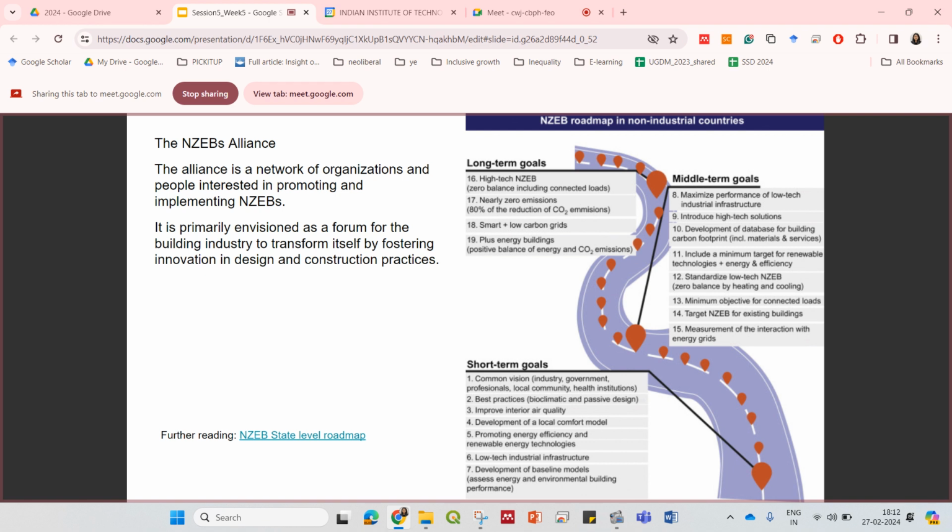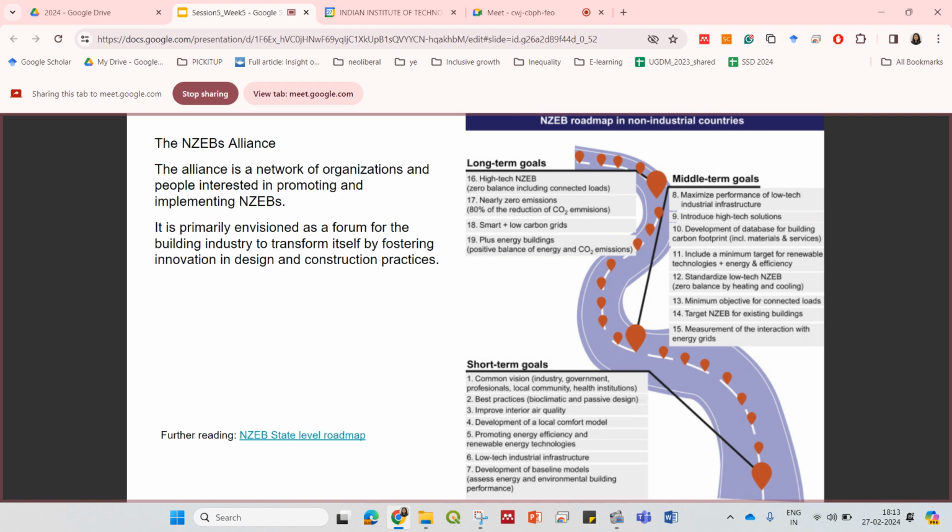Also fast tracking the process of getting permissions for adoption of such technologies in the buildings, etc. That also can be an example of how you can promote energy efficiency. Then also things like raising awareness, informing people and the organization about such energy efficient technologies can also be a way of promoting. So these are several examples of how energy efficiency can be promoted.